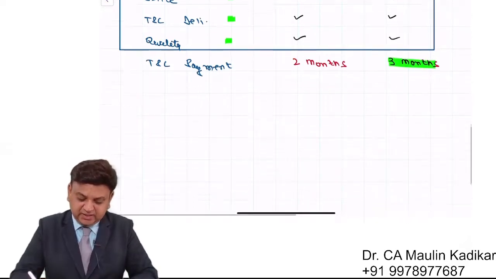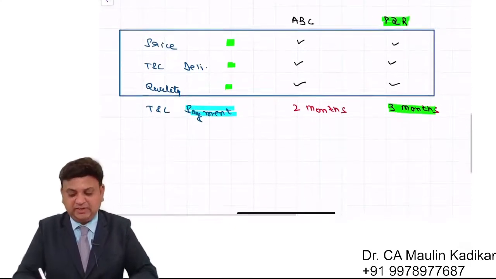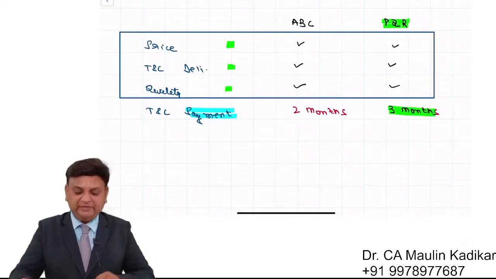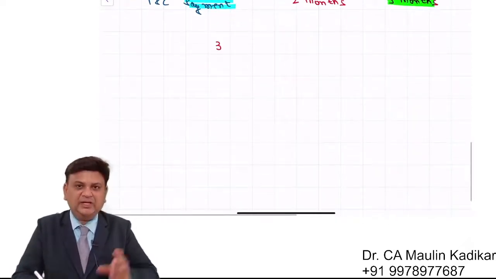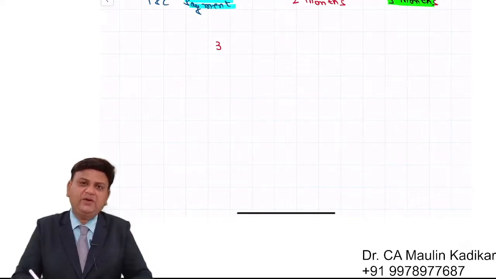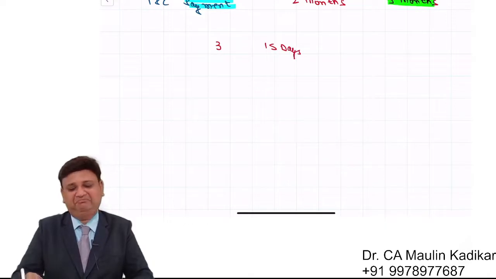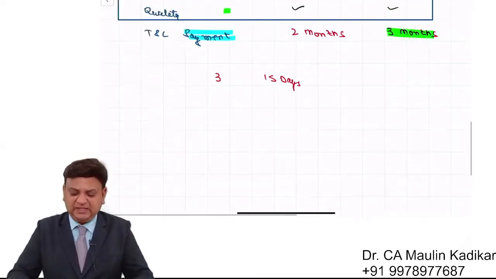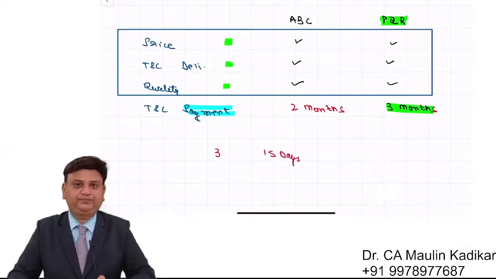And lastly, the payment terms we offer to the customer should be as per the market norm. If everybody is offering a credit period of 3 months or near to it, and we offer only 15 days, then it is not feasible. It will be difficult for us to survive in the competition.